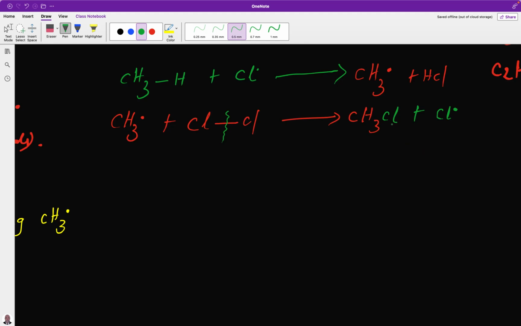Now it will have to react with this one again, so it can easily react with this one again. So it now goes to step number 2. The free radicals here will come down again. This is the free radical coming out to react here.